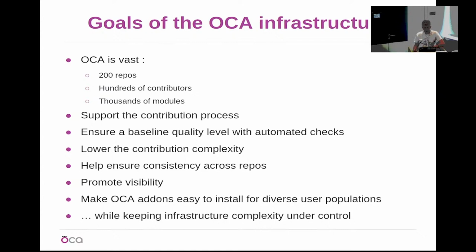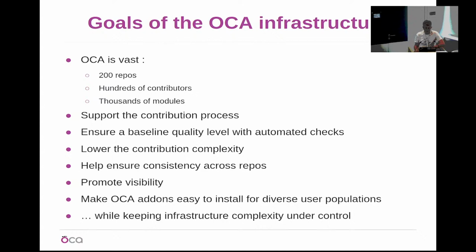Also, things we are trying to do is promote visibility, like the README generator is important to give consistency to our add-ons. So there has been work on that also to make sure that the READMEs are consistent, because that gives visibility to the OCA module. When you look at an OCA README, you recognize it.